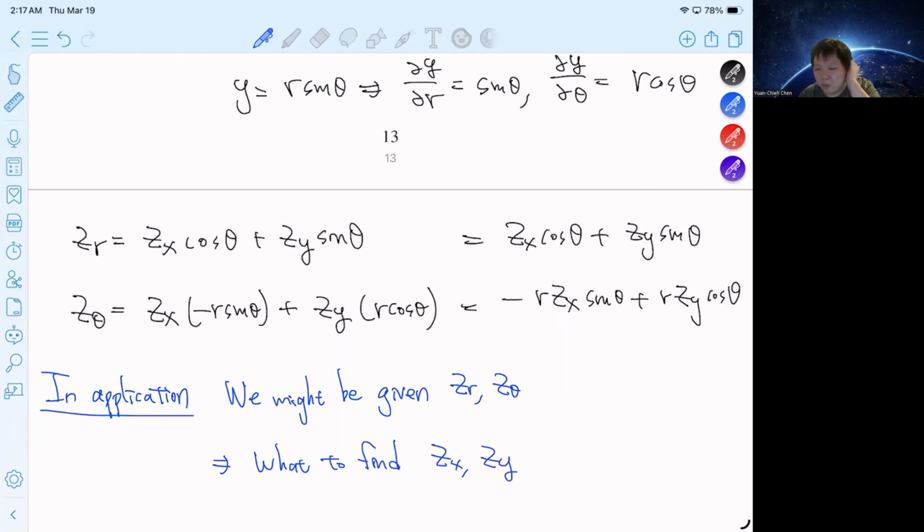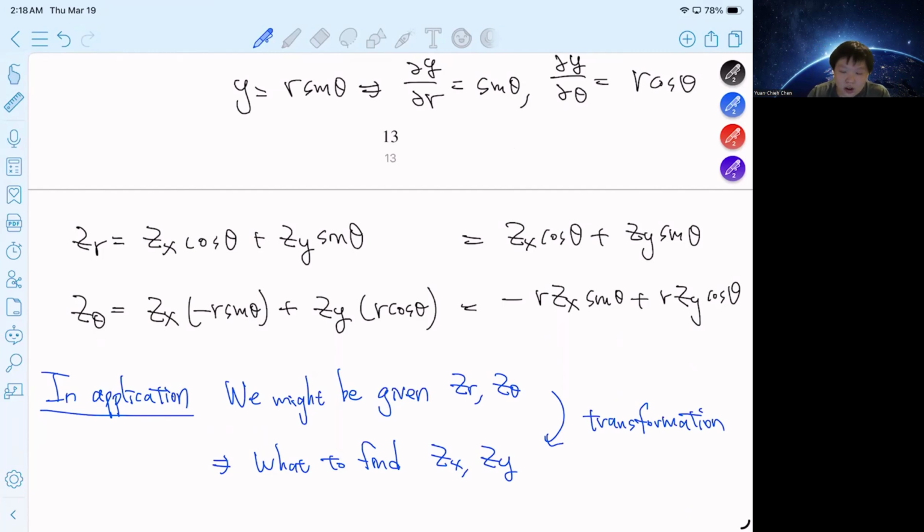So this is more like a transformation. If you're in the engineering department, you'll have to face differential equations in the future. This is a really usual technique, since a lot of things using the symmetry of the circle in polar coordinates will be way easier. So it's easy to do calculus on Zr, Z theta, but we want to transform back to Zx and Zy, or vice versa.